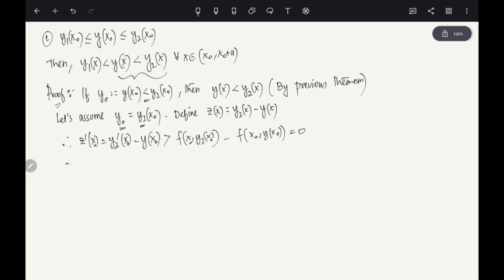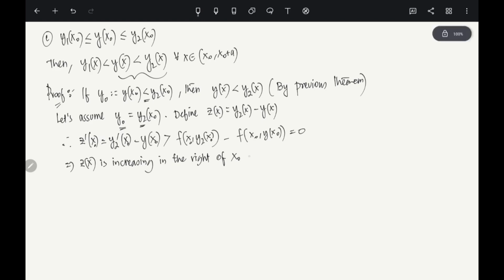So that will imply that z is increasing to the right of x naught. So basically x naught is the starting point, right?